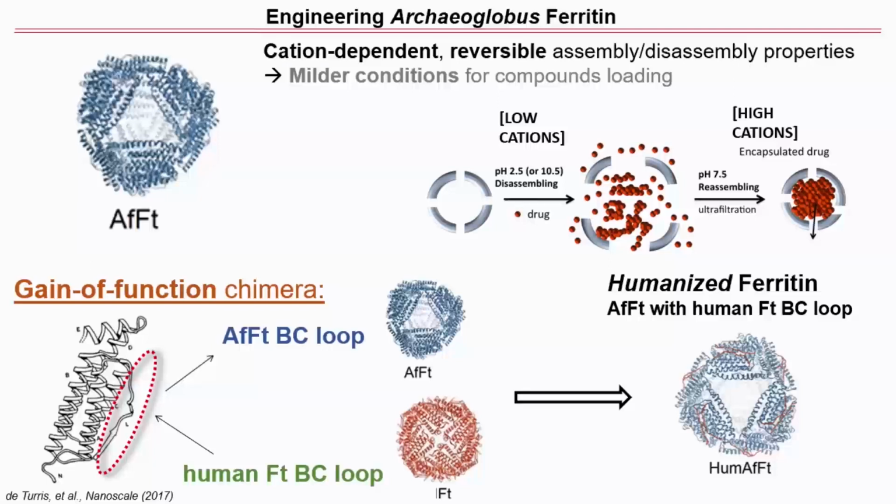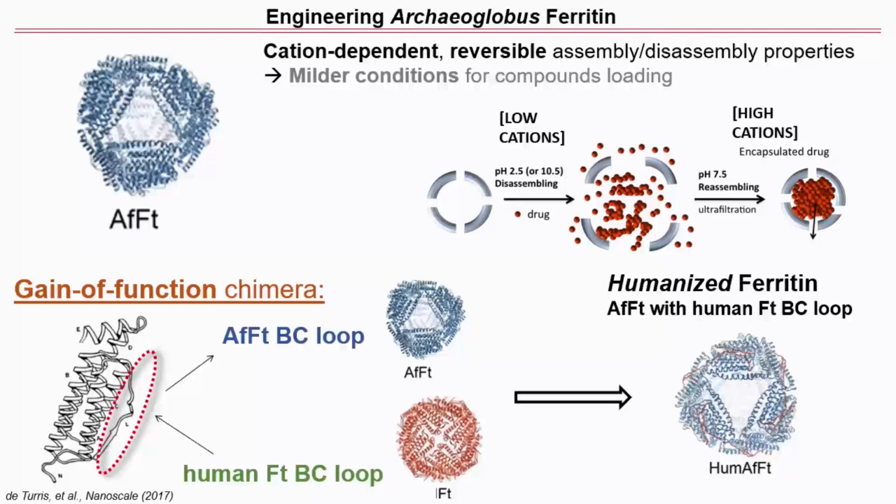It has this huge trigonal window, and it has also an advantage. That is, it doesn't need harsh pH to be disassembled, but it disassembles in a very mild way simply when you have a low concentration of cations at low ionic strength. So we can disassemble and reassemble it in a way that really increases the yield of loaded nanoparticles, and it doesn't actually damage the cargo.